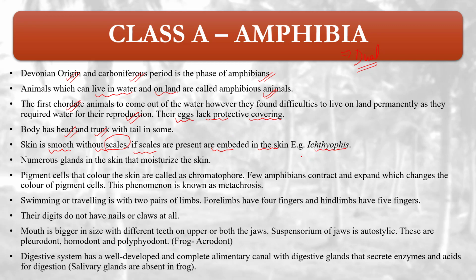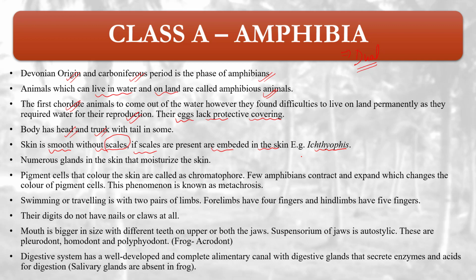The Ichthyophis is basically a kind of transition between amphibian and fish. Basically a developed amphibian, but having some characteristics of fishes. And that is why it is having scales embedded in the skin.